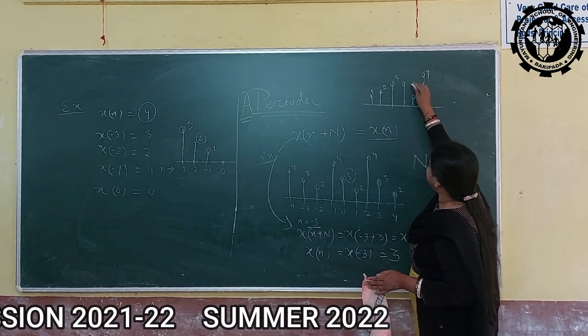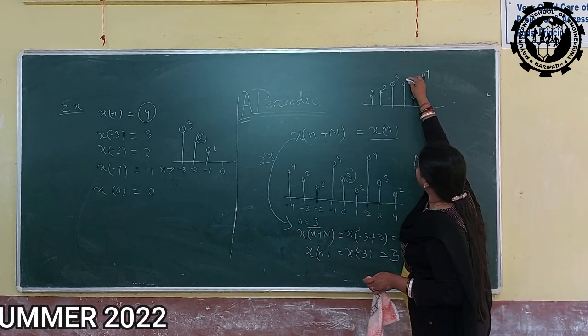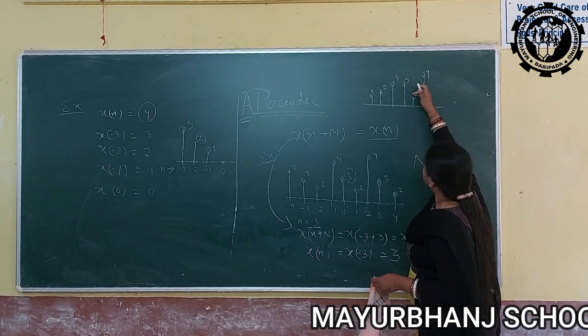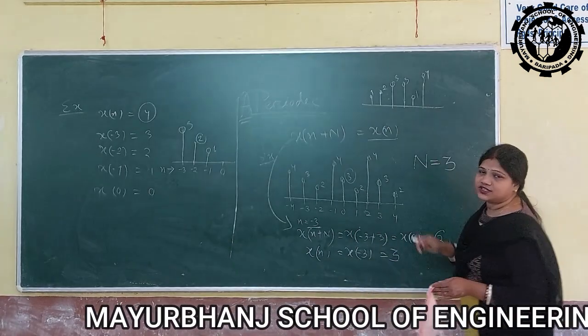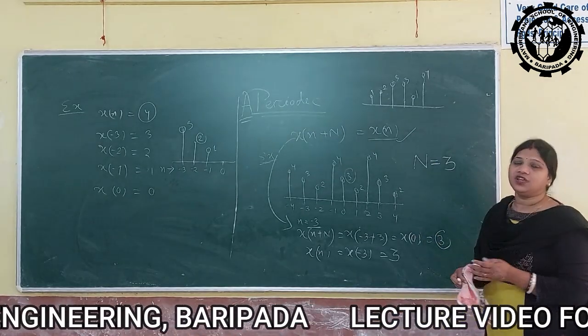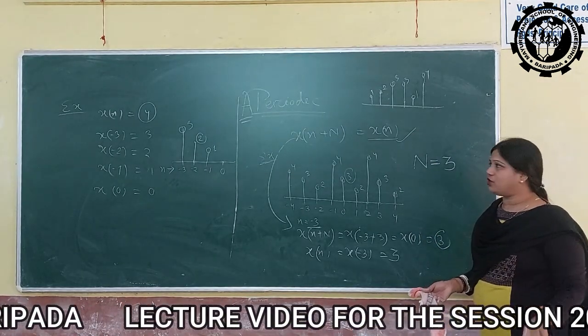That means it never continues a constant sequence. That is known as an aperiodic signal. If it does not satisfy this condition, then the signal is known as aperiodic.